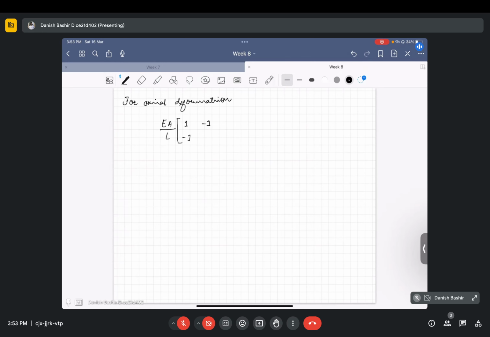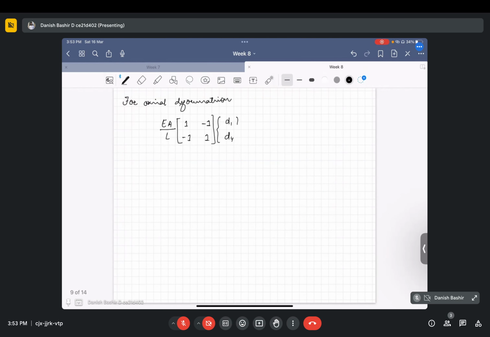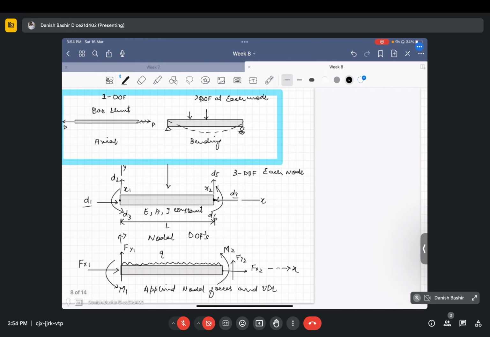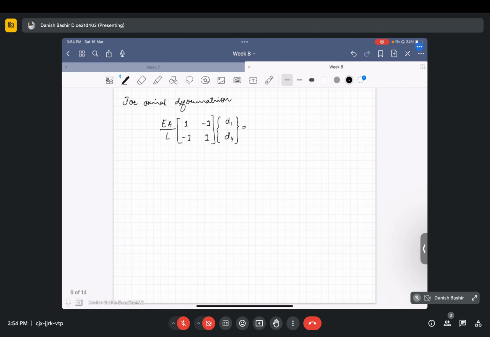I'm writing d1 and d4 because those are the only actual degrees of freedom, and the actual forces present here are fx1 and fx2. So you know it from the bar problem.